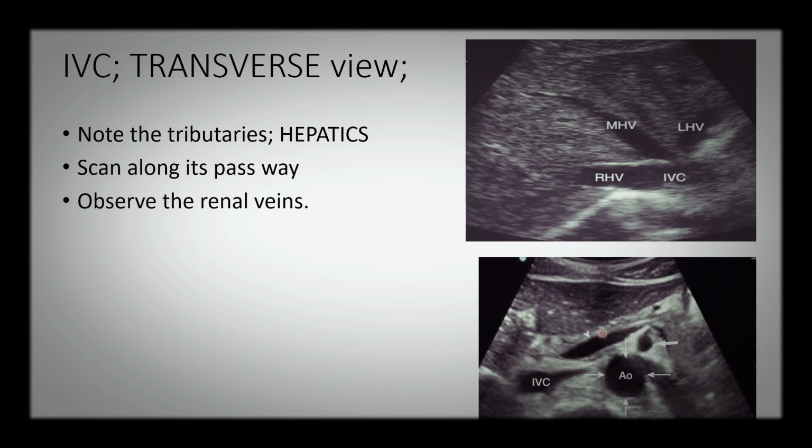Okay, so this is the portal confluence, which is formed by the splenic vein and the superior mesenteric vein. Whereas we can see this, the left renal vein, whereas the right one is always here. To the left lies the aorta.